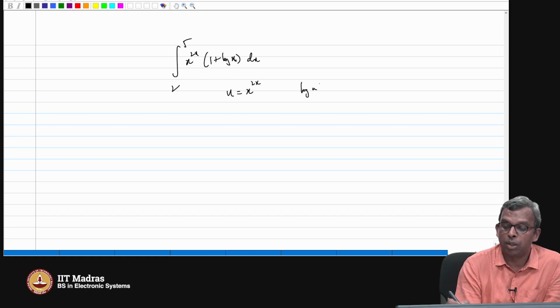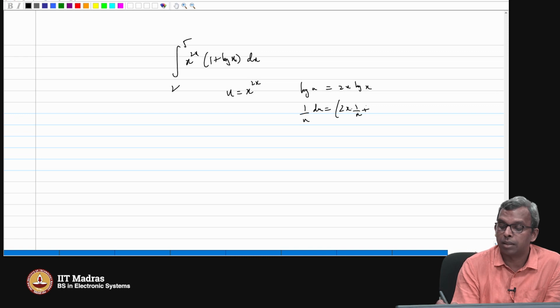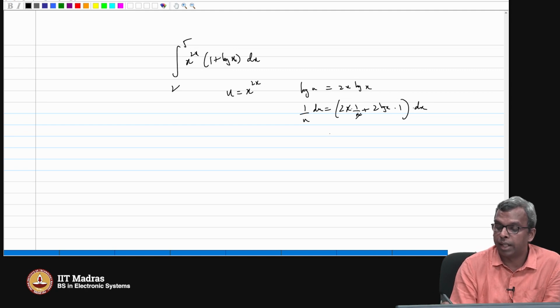Then log u is 2x log x, and then 1 by u du is 2 times 2x times 1 by x plus 2 log x times 1 dx, right. So, this would cancel and you get du by u equals 2 times 1 plus log x dx.